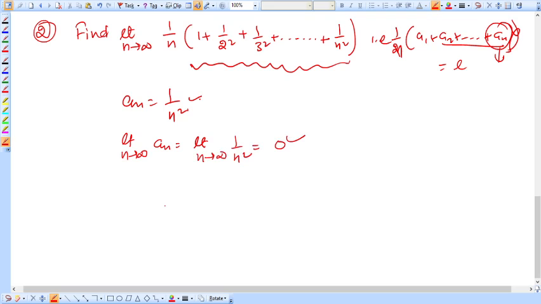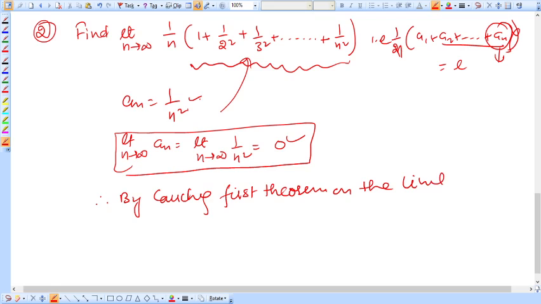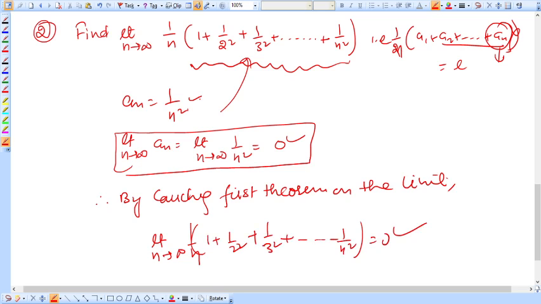Now, if the limit of this term is 0, then by Cauchy's first theorem on the limit, limit of n tending to infinity 1 by n times (1 plus 1 by 2 square plus 1 by 3 square up to so on 1 by n square) is also equal to 0.